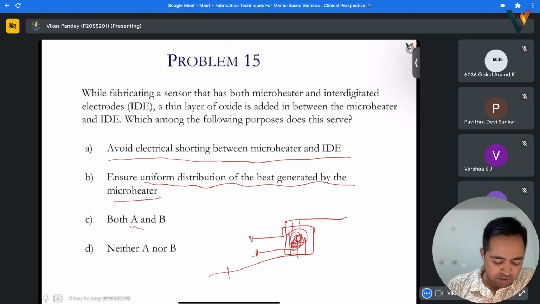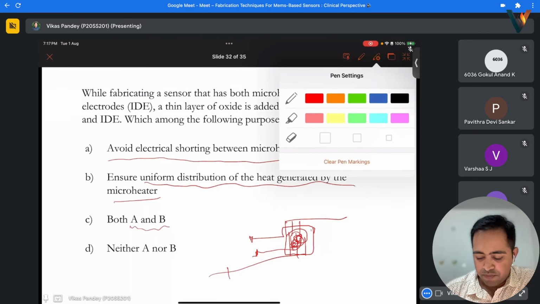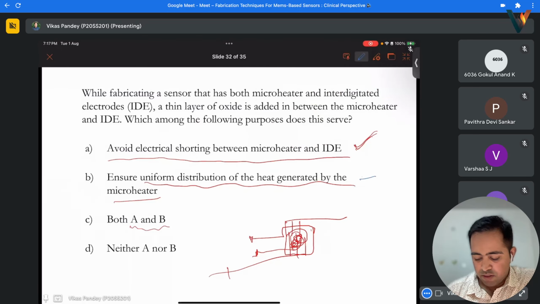How? Like A, are you sure about it? That it is to isolate. This we have already discussed. About B. Yes, B. Can it uniformly distribute the heat?